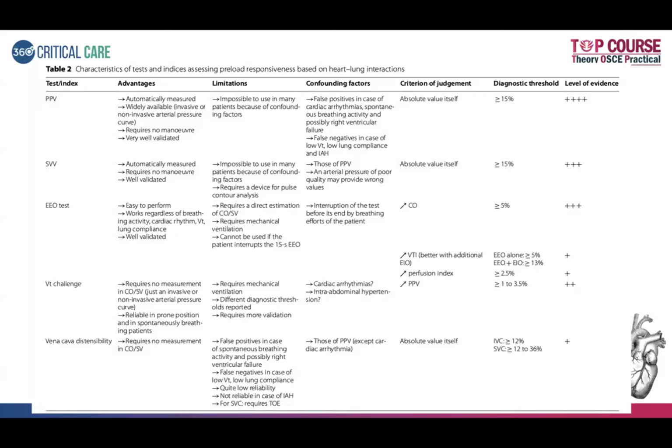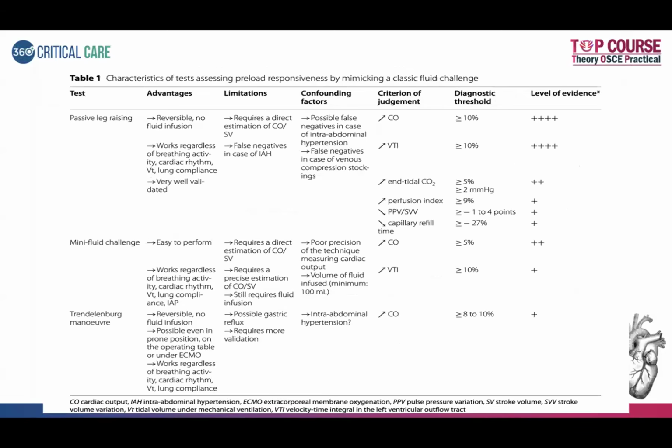Now you increase the tidal volume to 8 ml per kg and look at the pulse pressure variation. If there is a variation of more than or equal to 3.5%, then they may be fluid responsive. Coming on to IVC distensibility, which we have discussed in detail, a distensibility index of more than or equal to 12% means the patient could be fluid responsive.